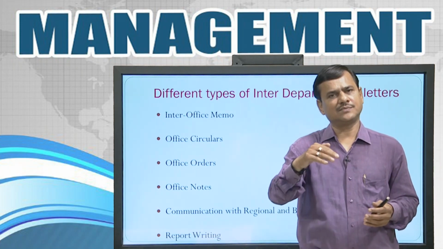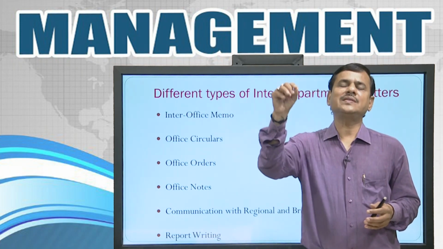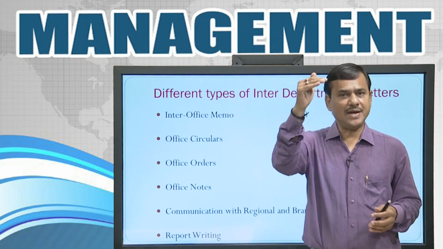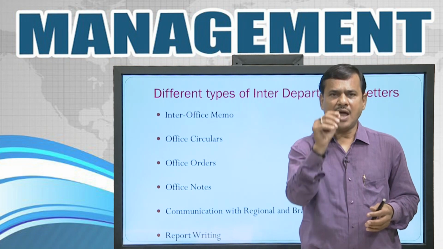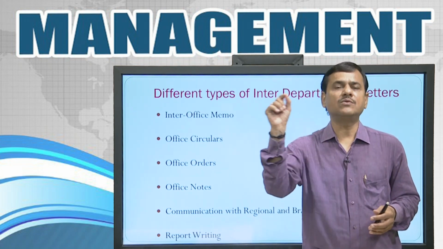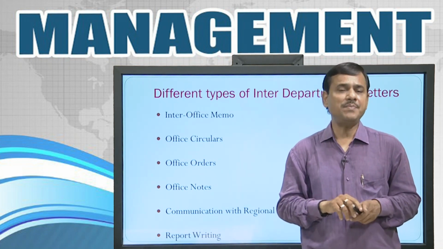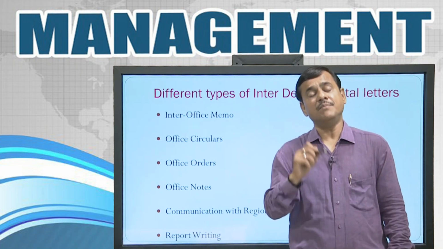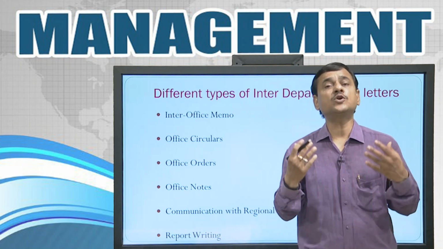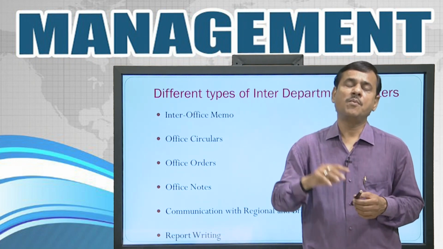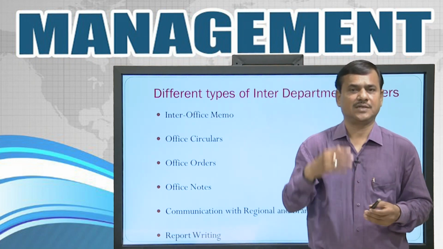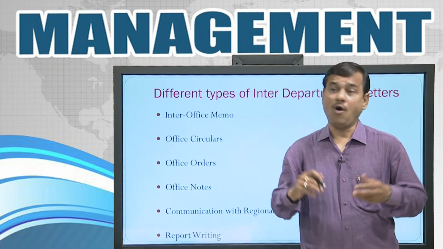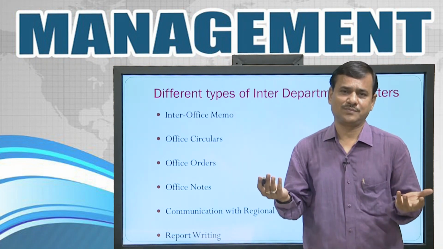Office notes. Whatever things, whatever events are happening in the organization are to be noted down somewhere. Maybe some important discussion of a meeting, maybe some crucial points of any conference, seminar, workshop, or any visit also.